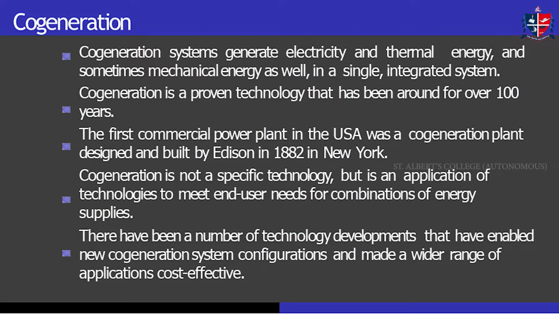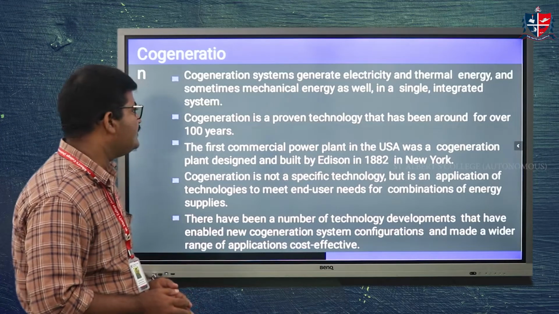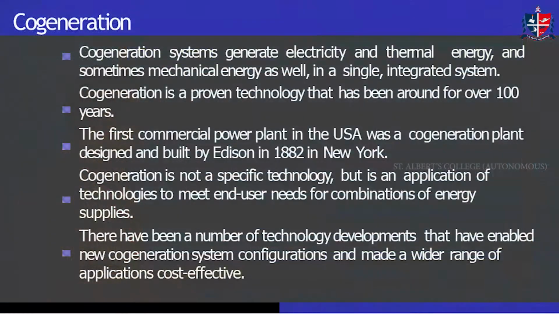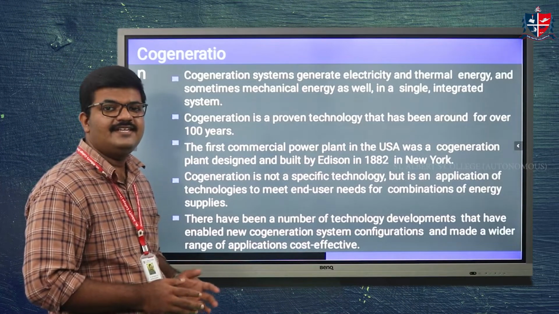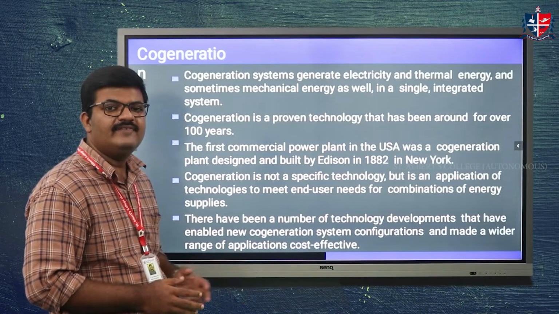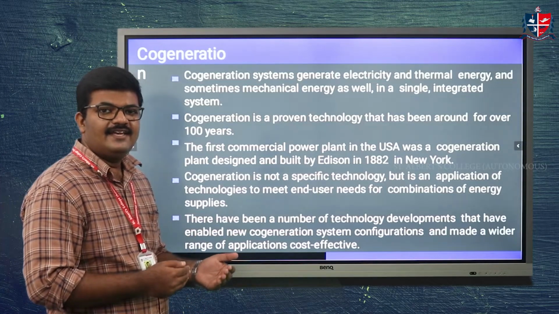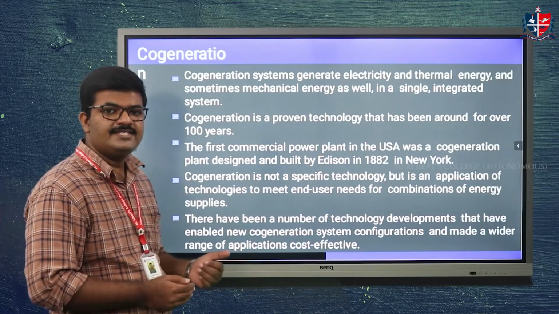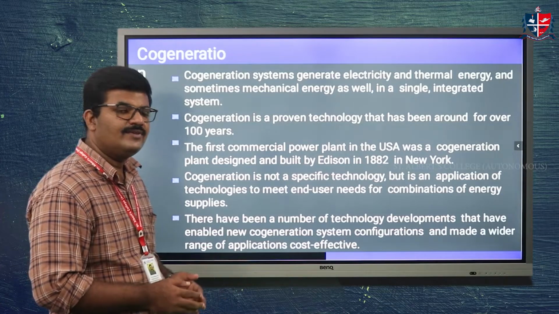In a cogeneration system which generates electricity and thermal energy, sometimes there is a generation of mechanical energy in an integrated system. For around 100 years, cogeneration has been utilized in various countries for generating electricity and heat associated with different industries. The industries that generate very high heat content as waste heat can utilize it for generating electricity and thermal energy as a cogeneration process.